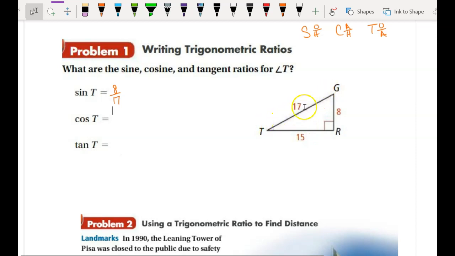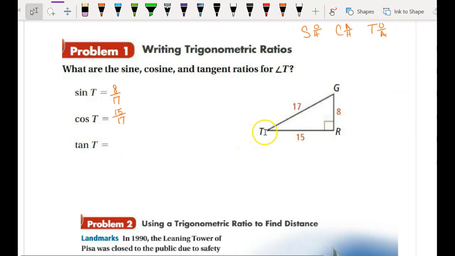Now how do I know that 17 is the hypotenuse? My hypotenuse is always across from the right angle. Angle R is my right angle, so I know that segment TG is my hypotenuse. Now tangent is opposite over adjacent.